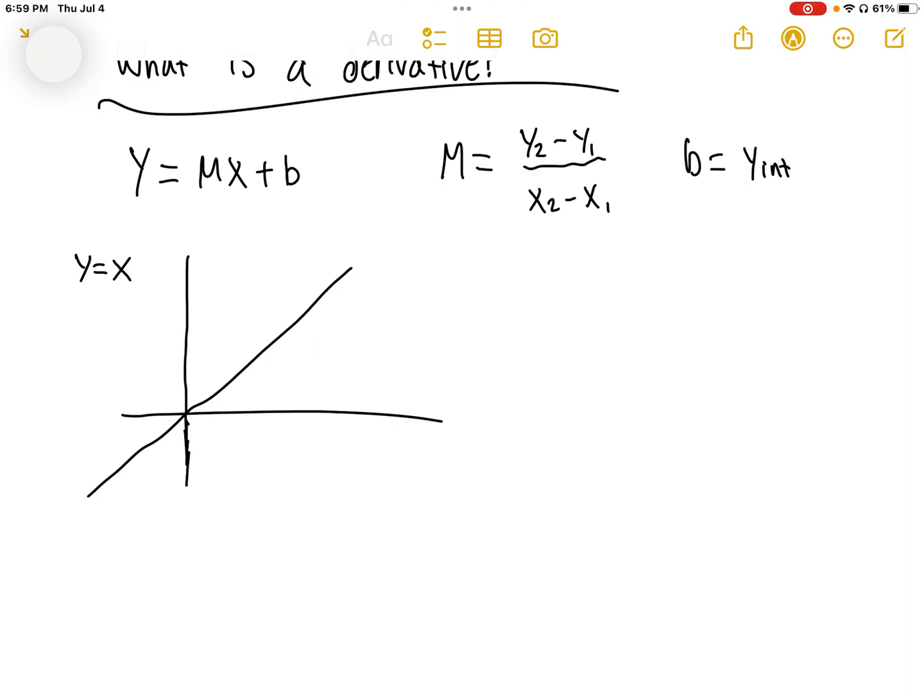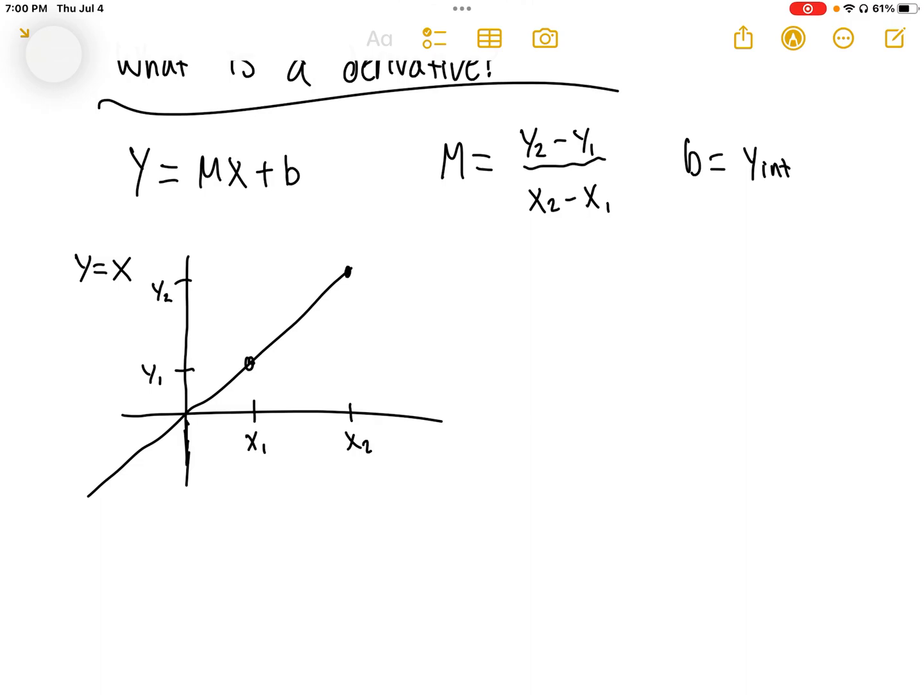So any x value, if we pick this to be x1, this to be x2, and we have this to be y1, this to be y2, we can find the slope of this line by using the m formula and plugging in any two values that we get here.